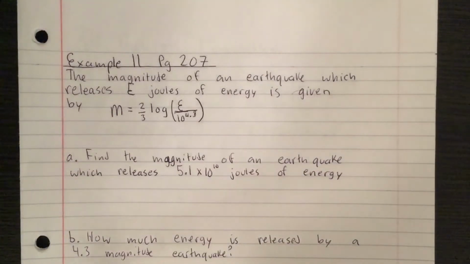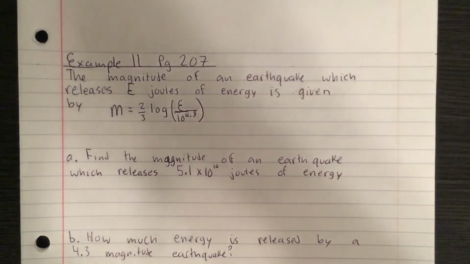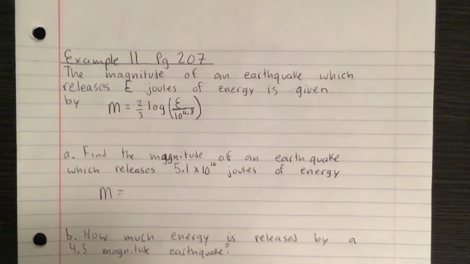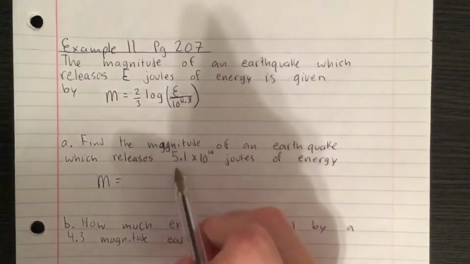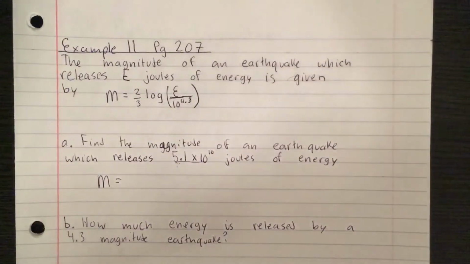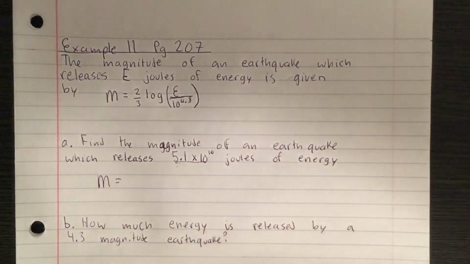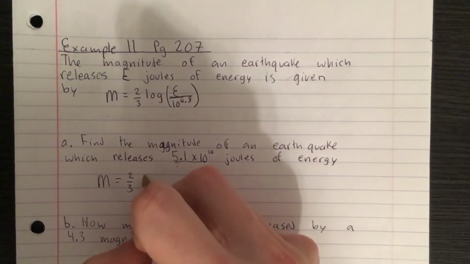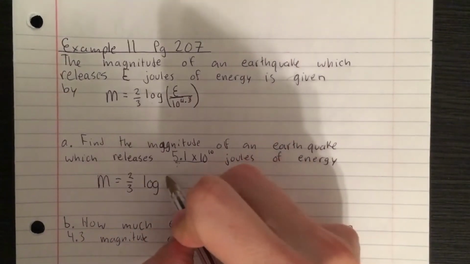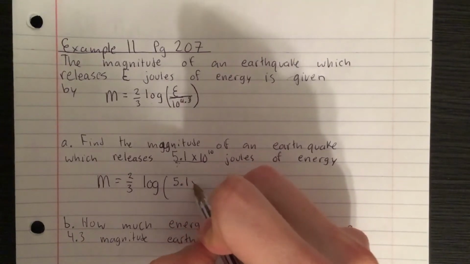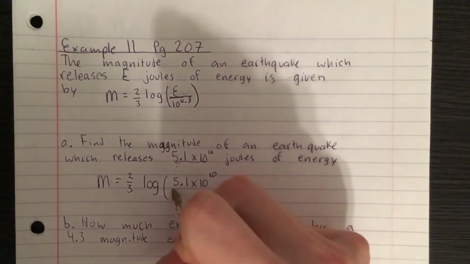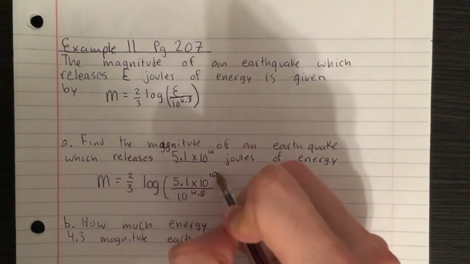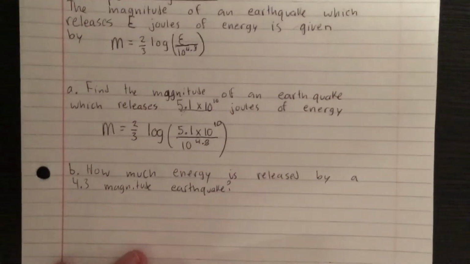What we want to do is find M for an earthquake which releases 5.1 times 10 to the 10th joules of energy. So we've got 2/3 times the log of 5.1 times 10 to the 10th over 10 to the 4.8. We want to know what kind of magnitude this is going to cause.